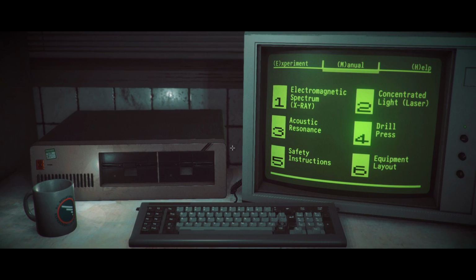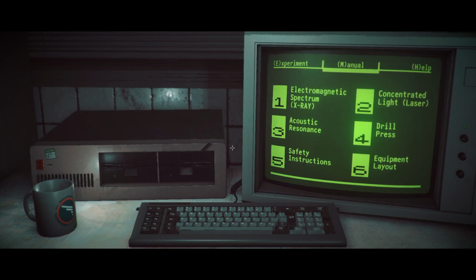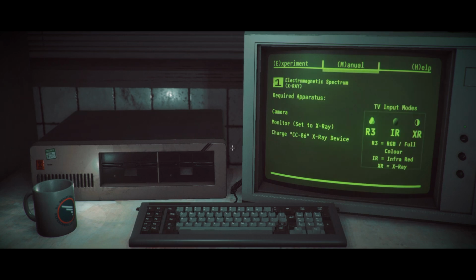What's the manual? Electromagnetic spectrum, concentrated light, acoustic resonance, drill press, safety instructions, equipment layout. And then what do I need to do here? Experiment 1, internal analysis. X-ray the artifact to determine its internal structure. So what would be required apparatus.